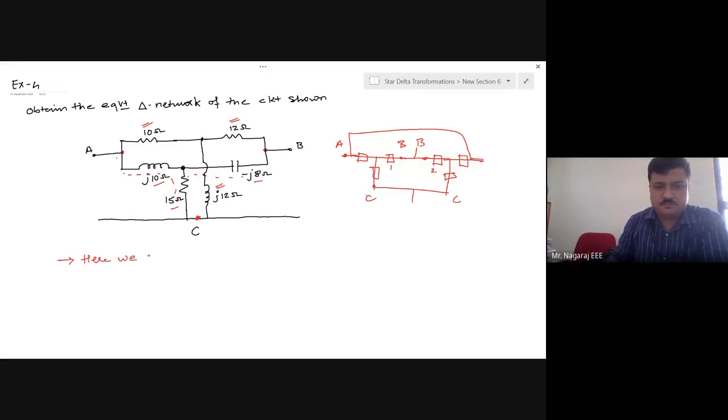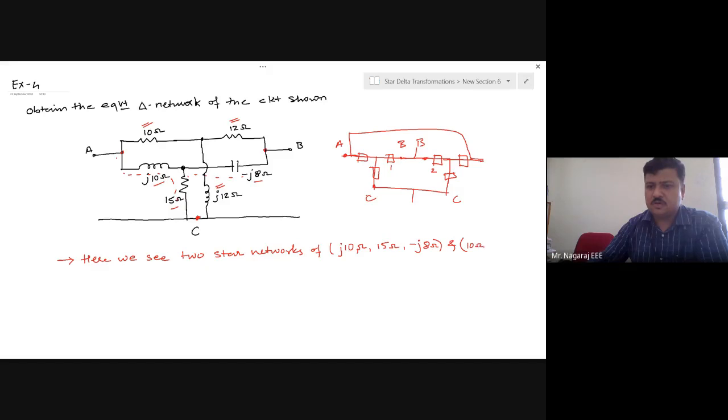So first step, here we see two star networks of J10 ohms, 15 ohms, minus J8 ohms, and 10 ohms, 12 ohms, and J12 ohms are in parallel.